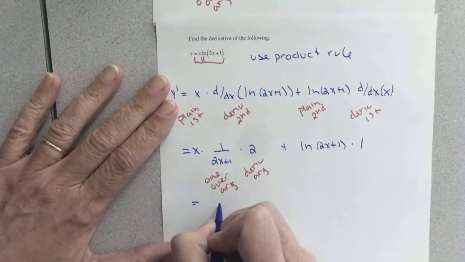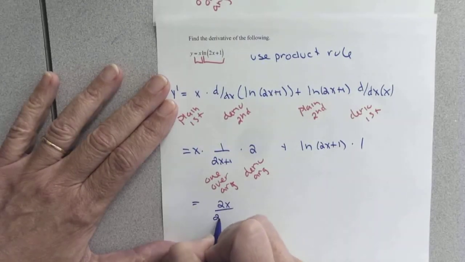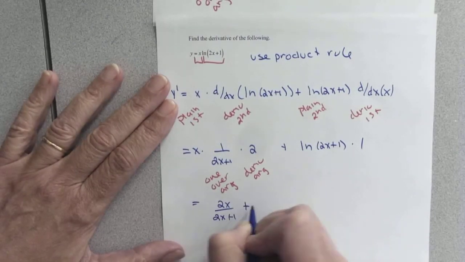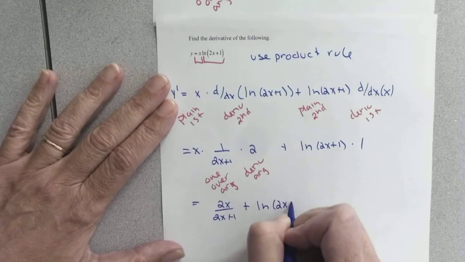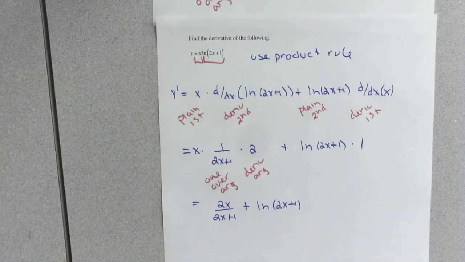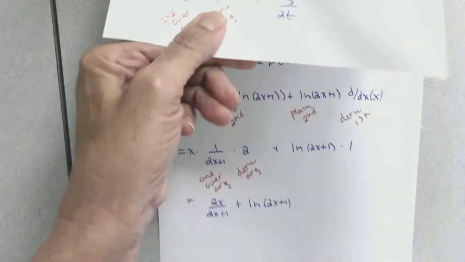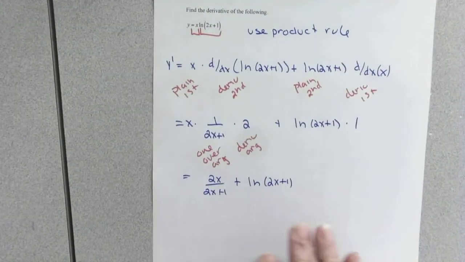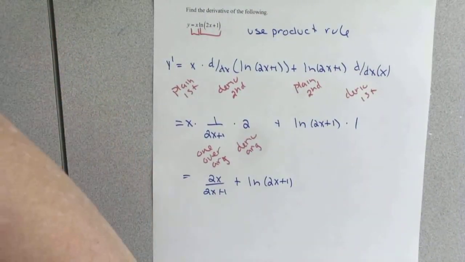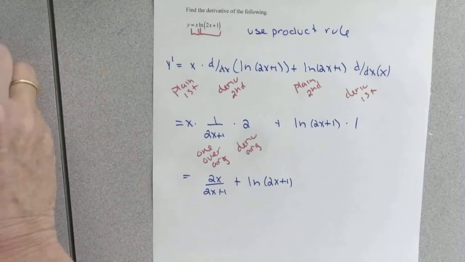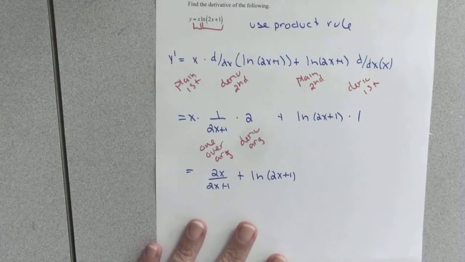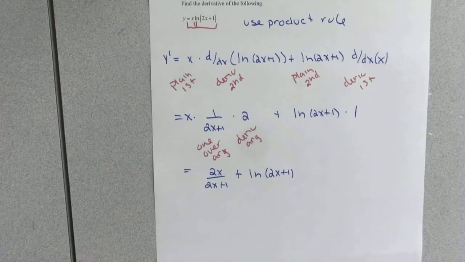And then all we can really do to simplify that is say that's 2x over 2x plus 1 plus the natural log of the quantity 2x plus 1. And nothing else simplifies. Those two x's don't cancel because you only cancel in a fraction if you cancel from all terms in a fraction. Okay, let's end this video.